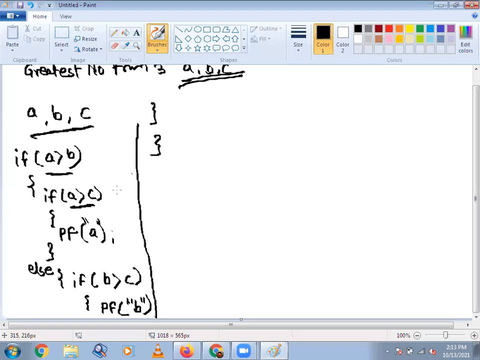Then suppose the first condition becomes false, then I don't enter in this.